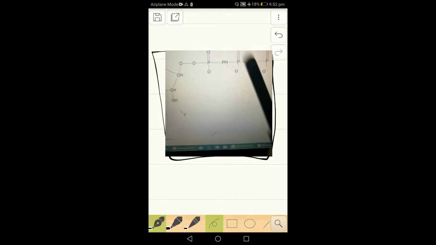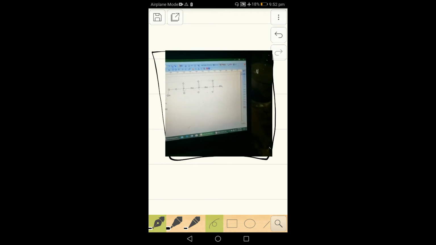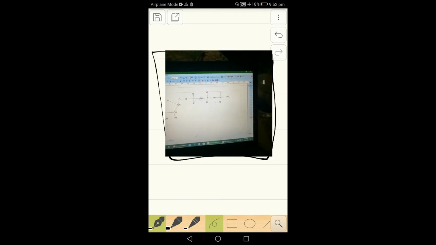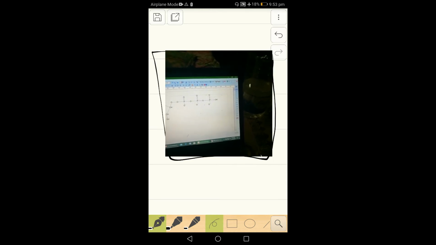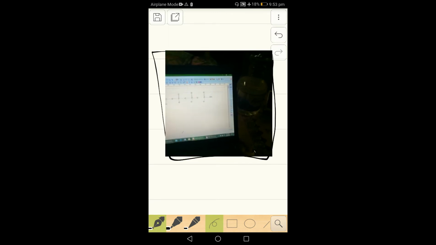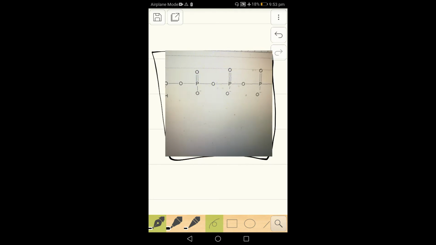Just wait, I need to modify something. So O, then O, then OH. Now look, in this structure there are three phosphate groups, for which we call it triphosphate.